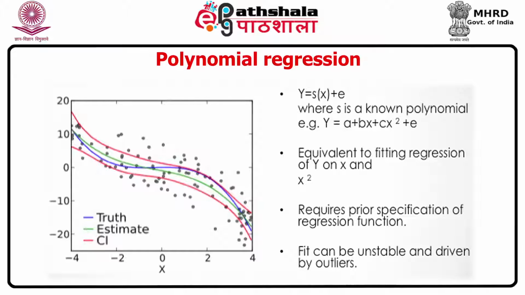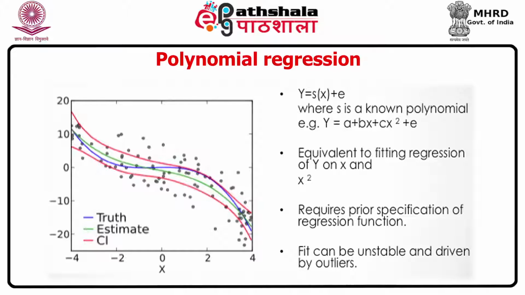This kind of regression cannot really be captured by fitting a single linear model, by fitting a single line, and instead a better idea would be to fit quadratic regression. So here we would try and fit the line y equal to a plus bx plus cx squared plus error. Now, as we know, the linear model can accommodate any model which are linear in the parameters, and we do not really need linearity in the covariates. So this is something which can be fit well within the purview of the linear model.